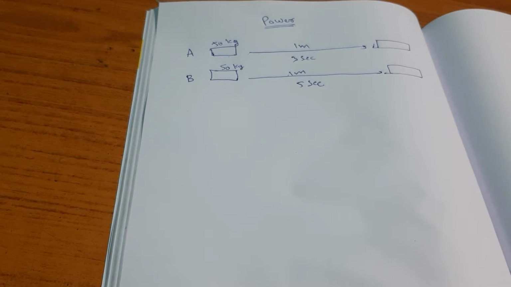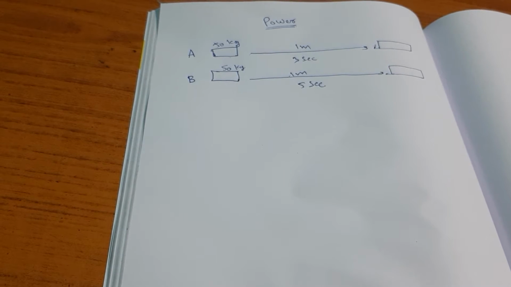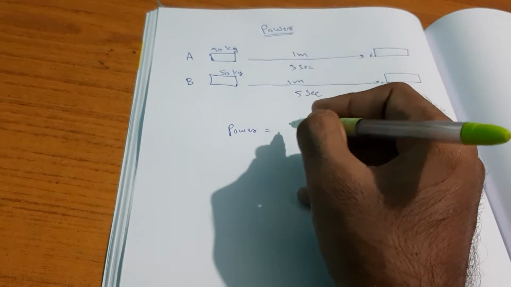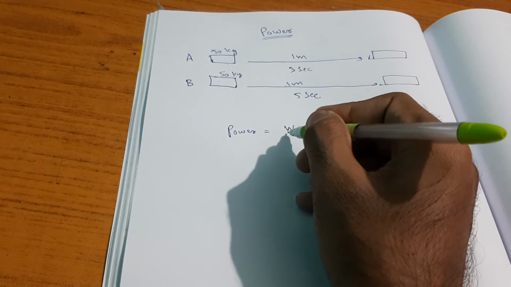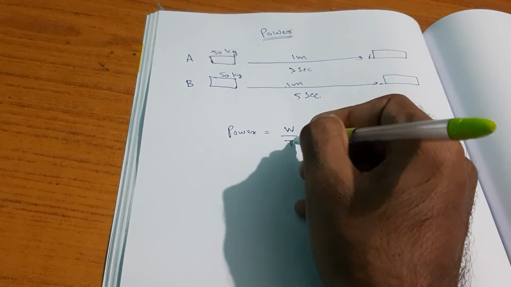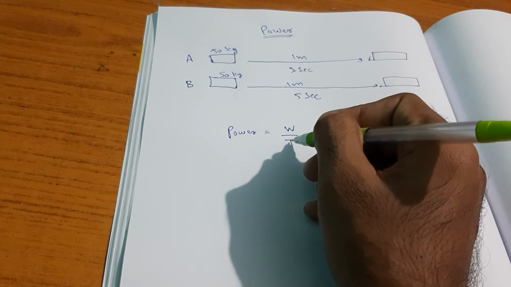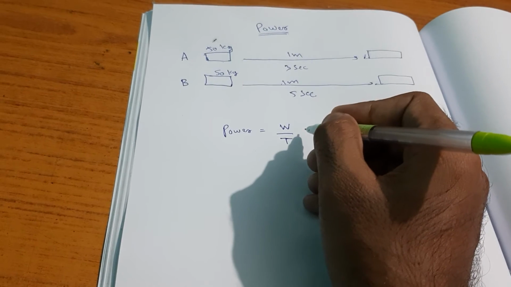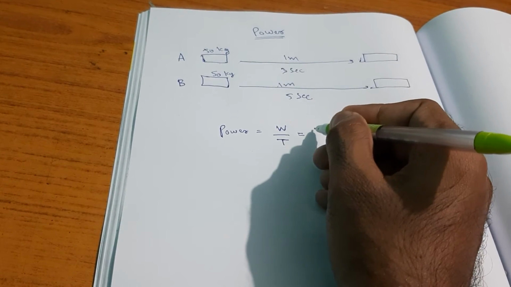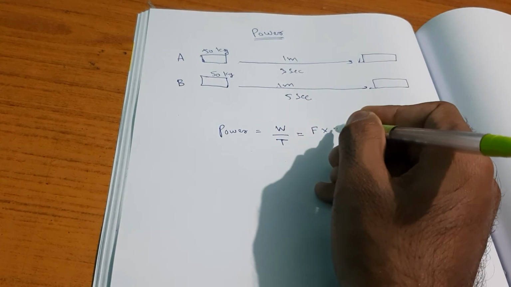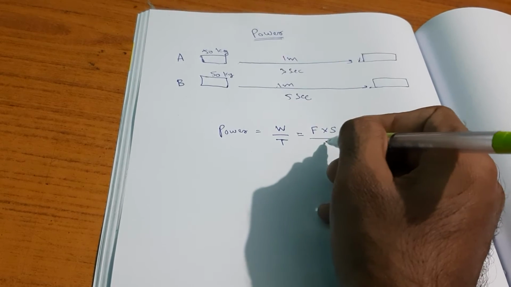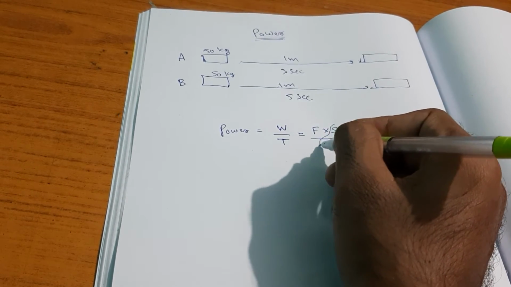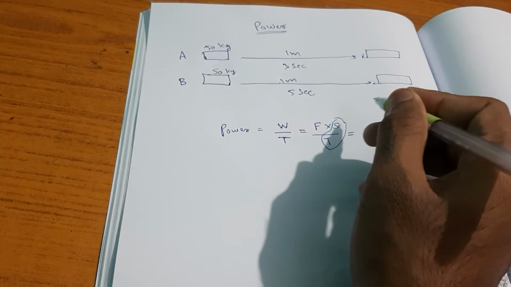So by this we can define power as work done in unit time, or work done per unit time. We can further simplify it as force into displacement upon time, and we know that displacement upon time is nothing but velocity.